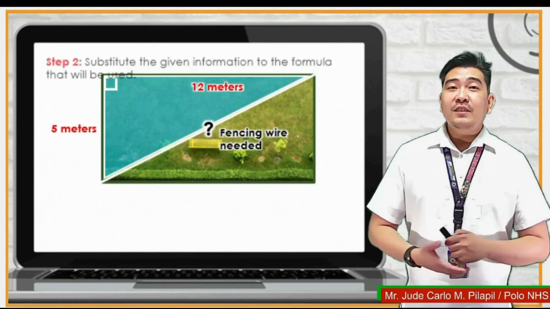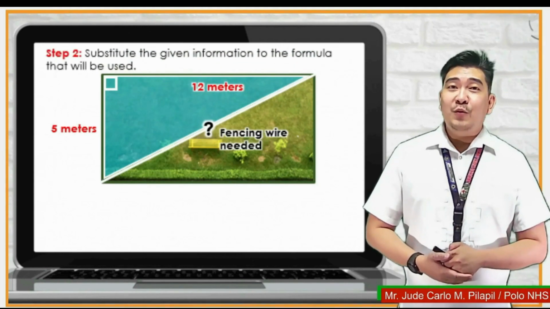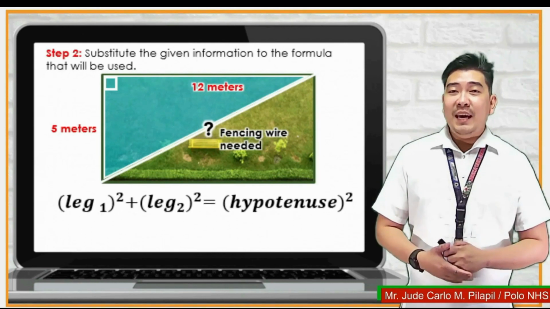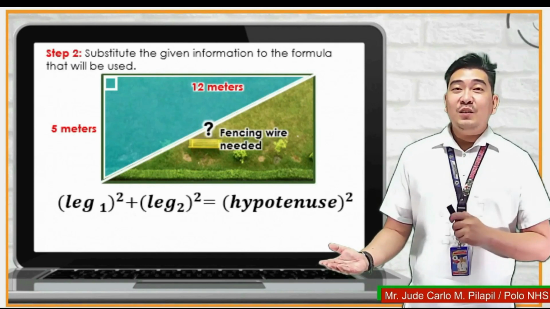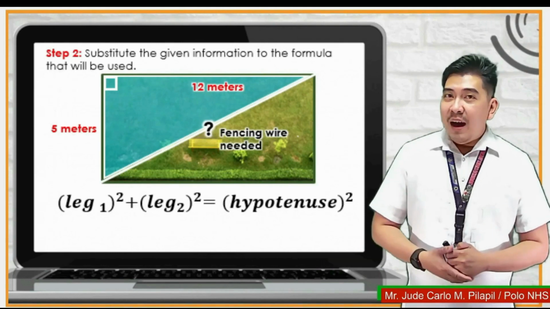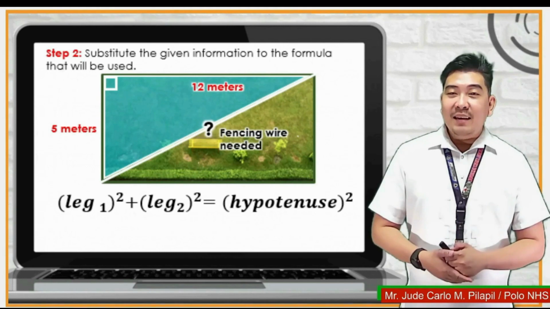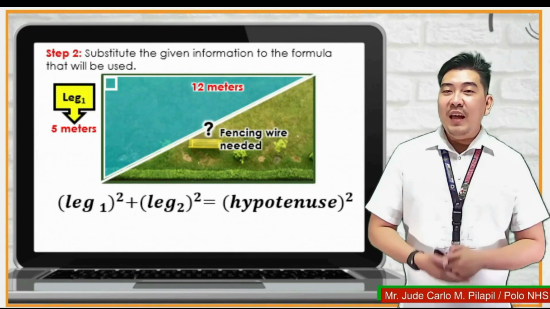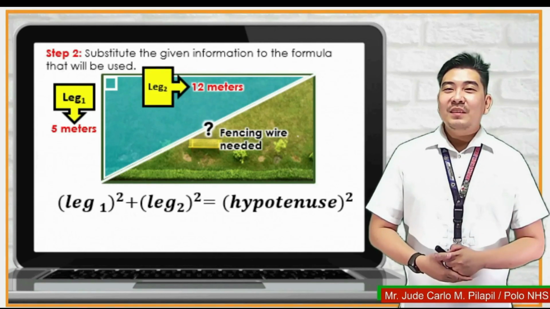As stated in step number 2, we need to substitute the given information to the formula. In this problem, the formula that we are going to use is the first leg squared plus the second leg squared is equal to the hypotenuse squared, given by the Pythagorean theorem. Then let us identify the legs and the hypotenuse. Let 5 meters be the first leg and 12 meters be the second leg.